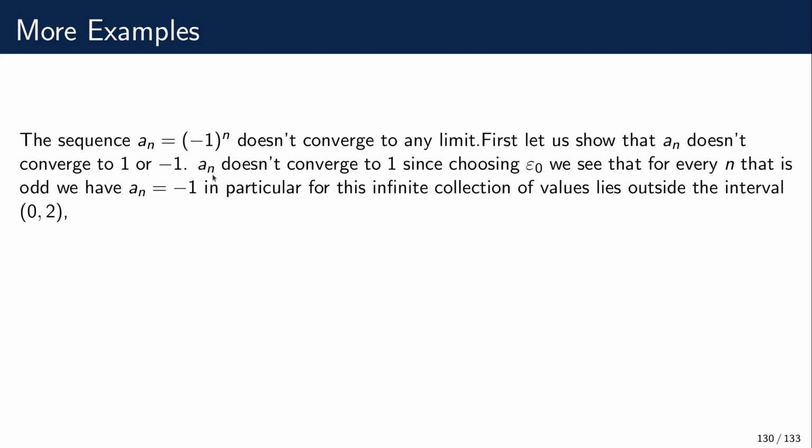a_n doesn't converge to 1, since we can choose, for example, epsilon 0 to be 1. Then the collection of all the points whose distance from 1 is smaller than 1 is the interval from 0 to 2. All the elements of the sequence with odd index are equal to minus 1, and they lie outside of this interval.